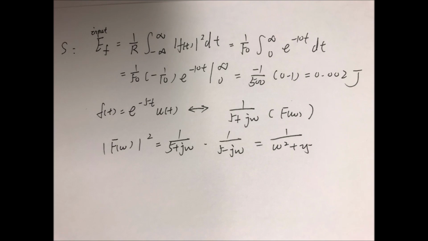So this is F(ω) times F(ω) conjugate, and my final result for input spectral density is 1/(ω² + 25).